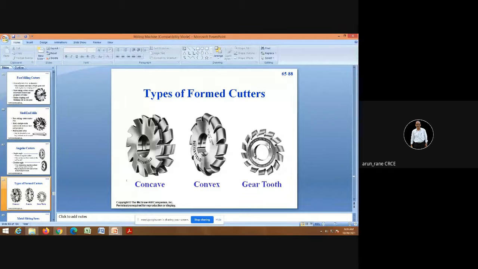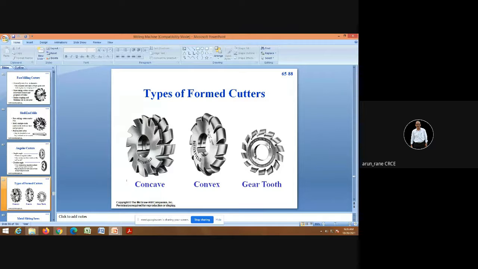And again, for cutting a gear tooth, the form or the shape will vary as per the module. Module is nothing but a parameter of a gear. Like for a person, what are the parameters? Height and weight. Okay, 5 feet 10 inch and weight is say 80 kilo.